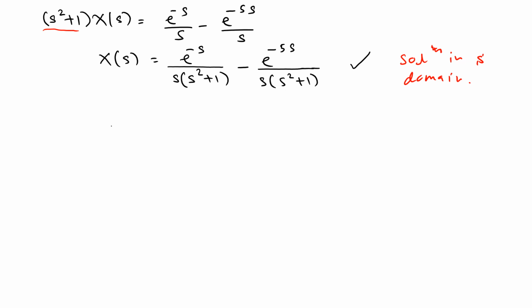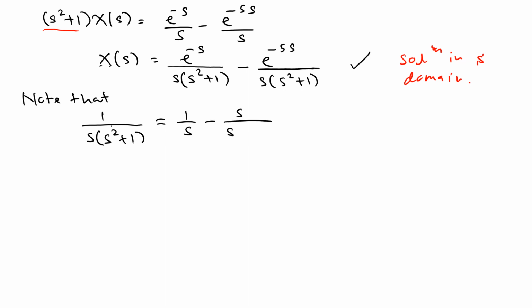So note that 1 over s times (s squared plus 1), the partial fraction is simply, you can find it, you will end up with 1 over s minus s over (s squared plus 1). Okay, I mean you can even see it. That's the partial fraction.